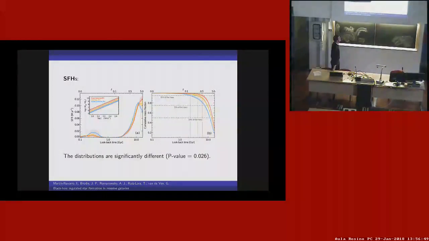What strikes the eye is that in the star formation history plot, for look-back times greater than 10 gigayears, the star formation rate is higher, more intense, for overmassive black hole galaxies compared with the undermassive black hole galaxies.